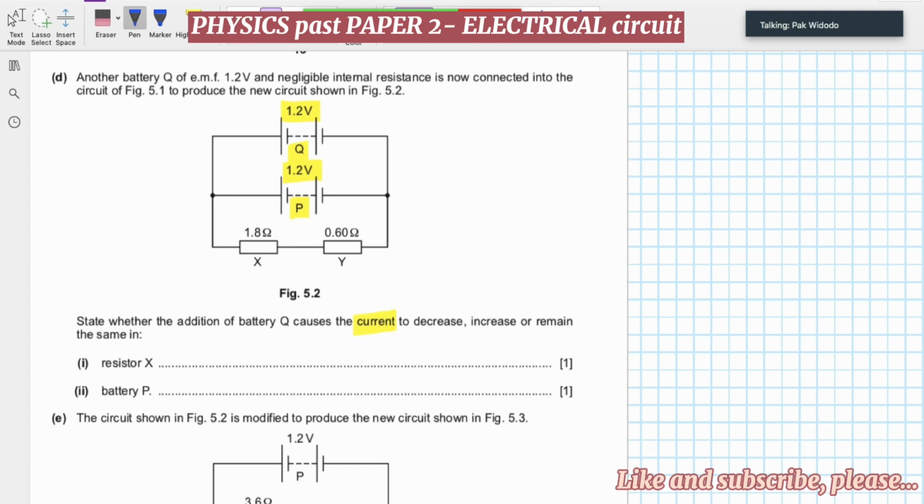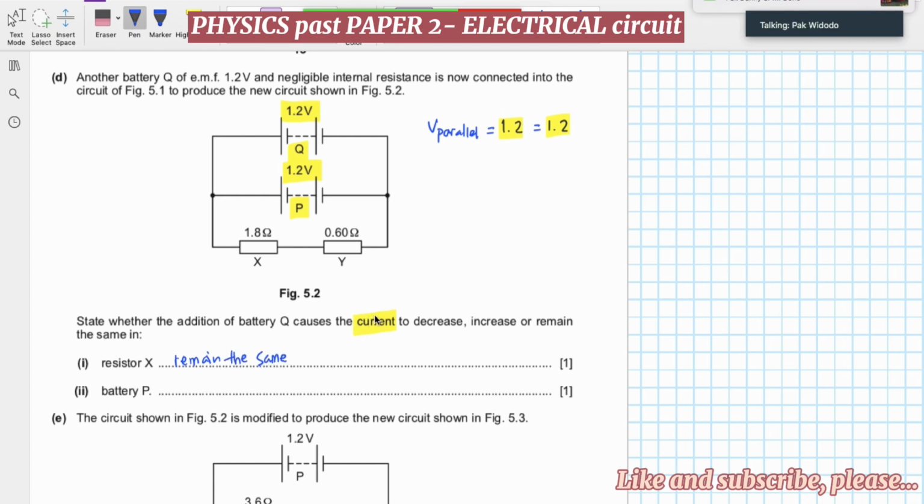Because you see, when voltage is in parallel, V on the parallel is the same, equals 1.2, also equals 1.2. So the current remains the same.